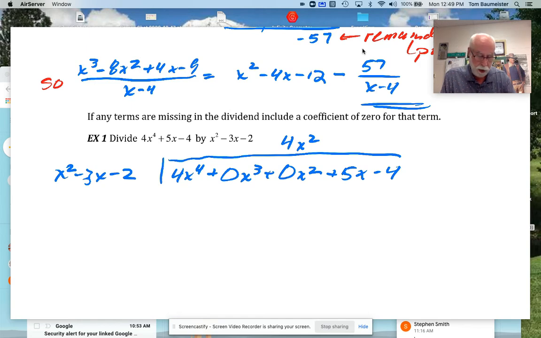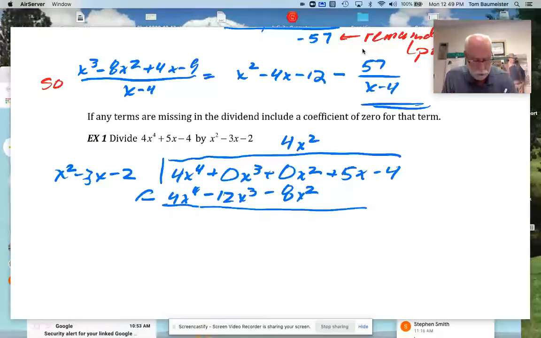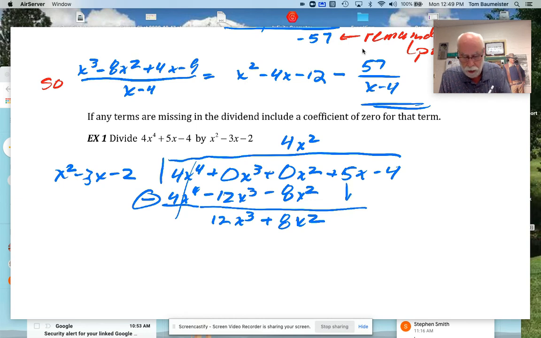So if I multiply everything through, I'll get 4x to the fourth minus 12x cubed minus 8x squared. Again, I'm subtracting all of that so that the first term goes away. So that will give us plus 12x cubed. That'll give us a plus 8x squared. And we bring down the last term.